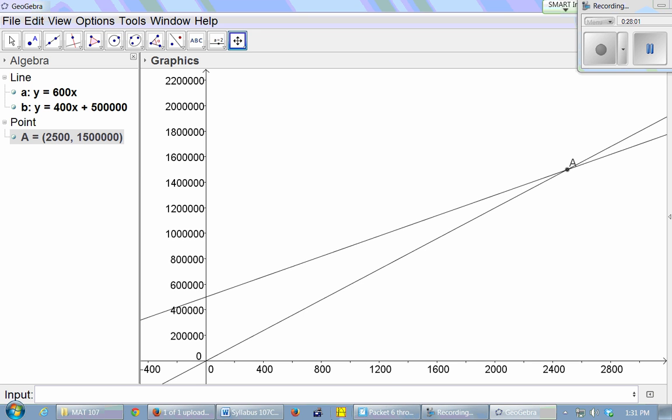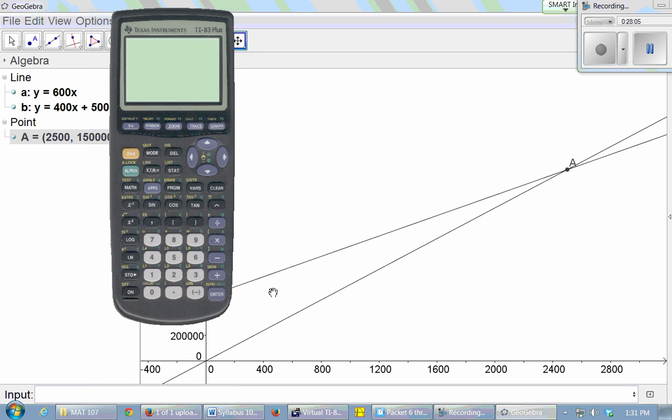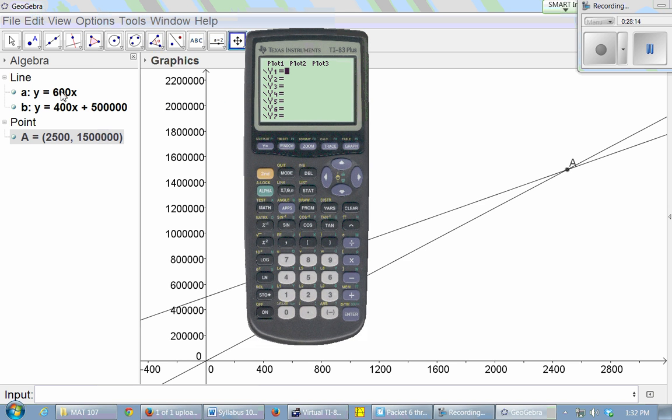All right, so we should do the same procedure on a calculator. In y1, I'm going to type in y equals 600x. In y2, I put in 400x plus 500,000.